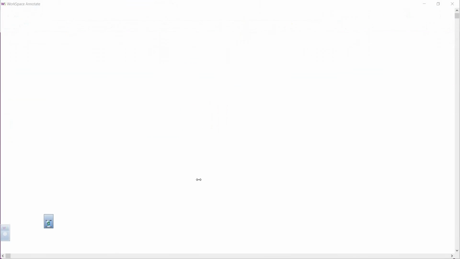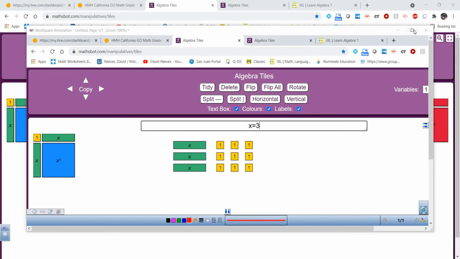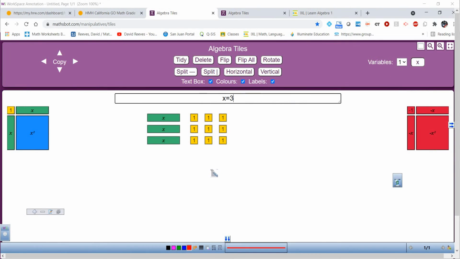In fact, if we wanted to check it, our original equation was 3x, right, minus 4 was equal to 5. And what were the steps that we took? First, we added 4 to both sides, and that gave us 3x is equal to 9.